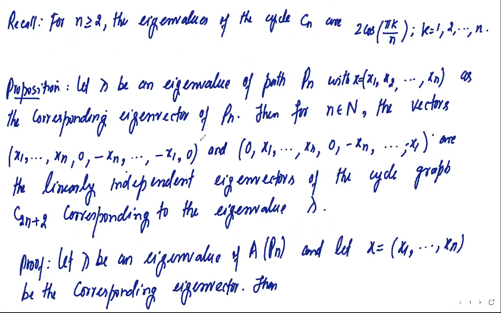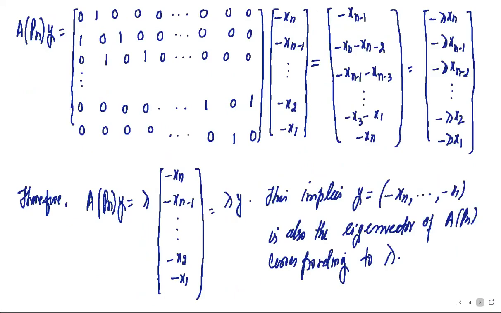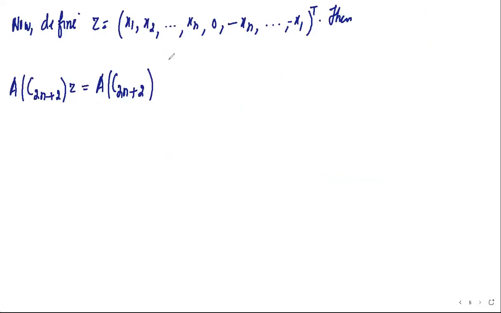So this is the column vector: x1, x2, and so on, xn, then 0, minus xn to minus x1.